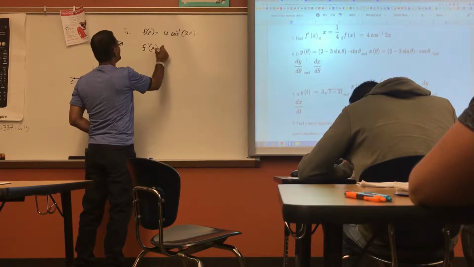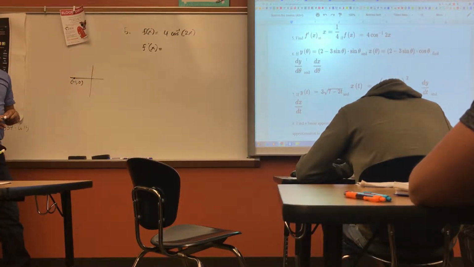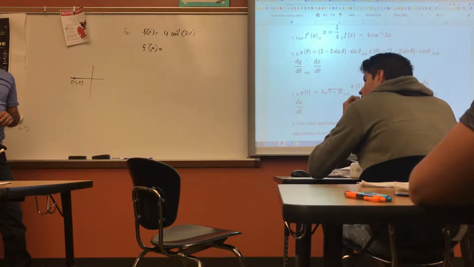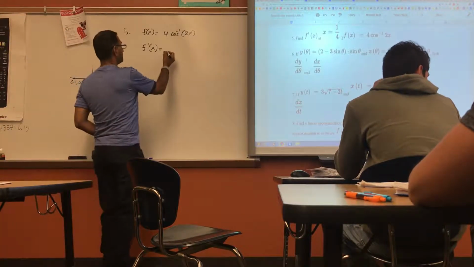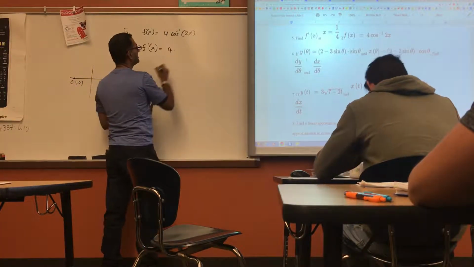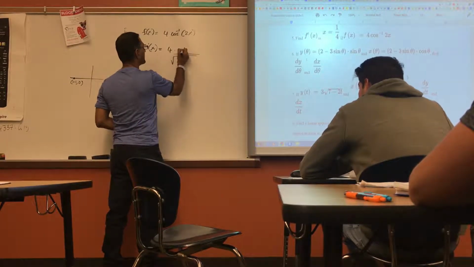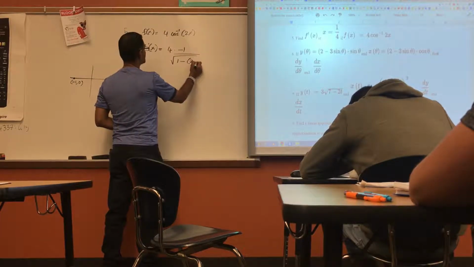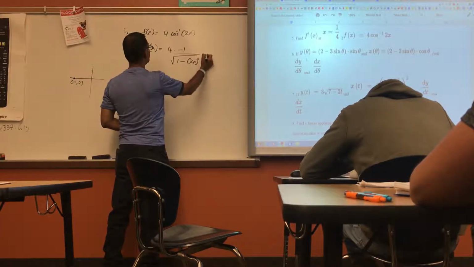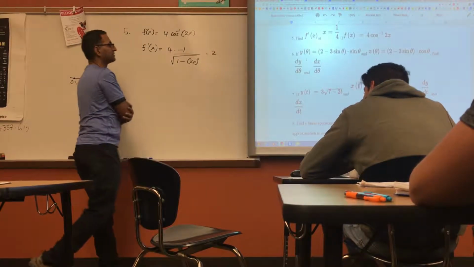Who, if anybody, remembers the cos inverse monkey formula? Sine inverse is 1 over. Cos inverse is negative 1 over. So the 4 stays. So I'll just put 4. 1 over radical 1 minus 2x squared, times 2, the derivative of the monkey, which is 2.